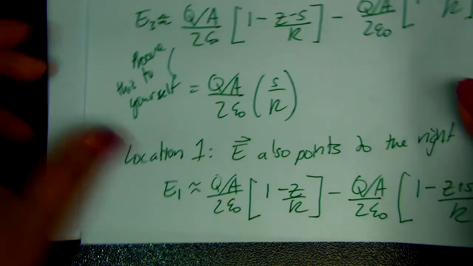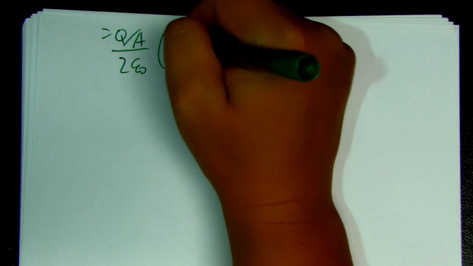It is the same thing as location 3. Q over A over 2 epsilon naught S over R.